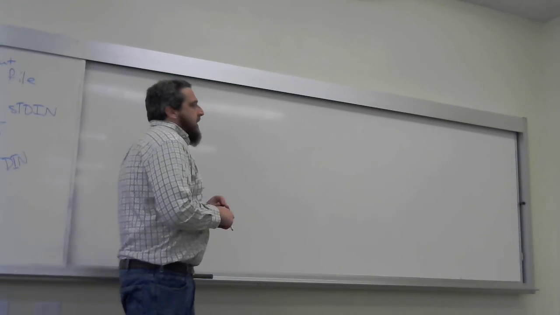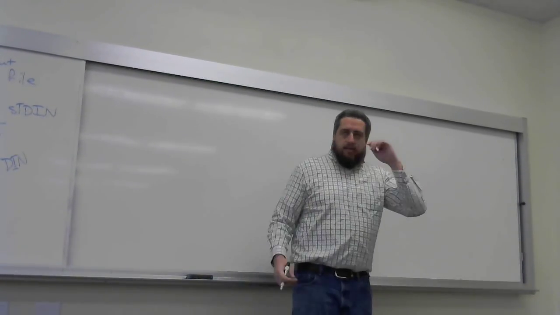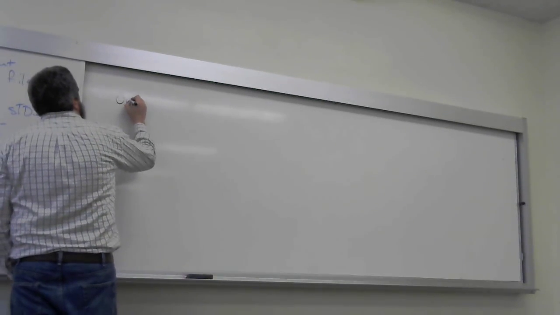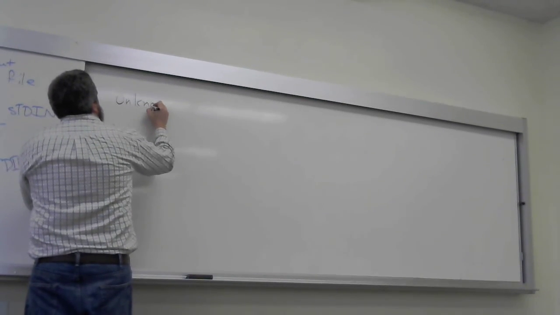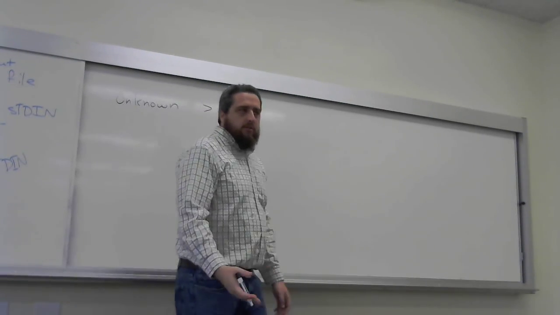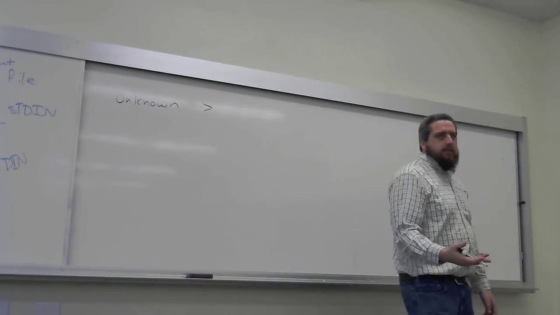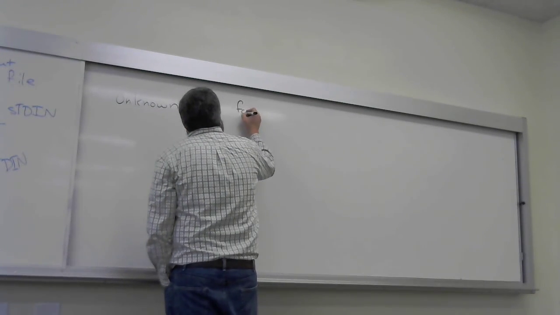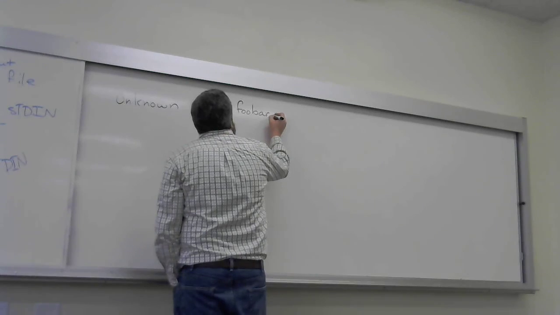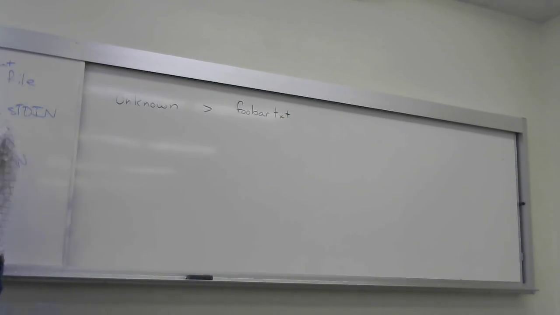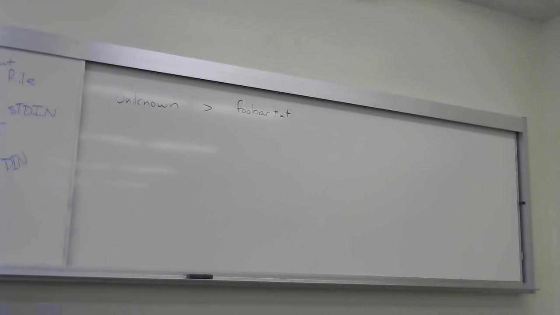So let's say we have an unknown program, so we run unknown. I can use a right caret to capture the standard out of that, and that's going to put it into what? Into a file, so let's call this foobar.txt. I have no idea if it's a text file or not, but could be. So in this program, unknown, we're going to pipe that unknown into foobar.txt.